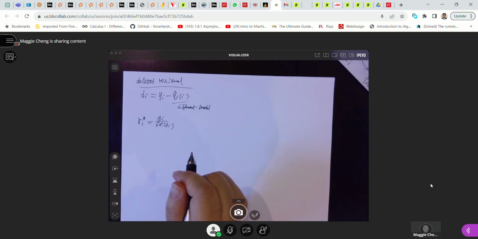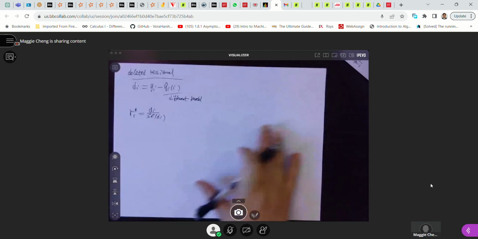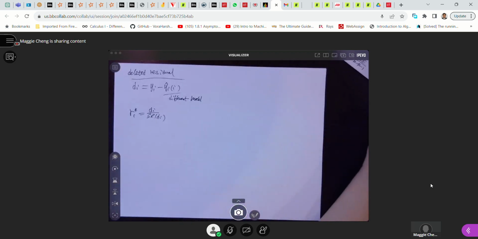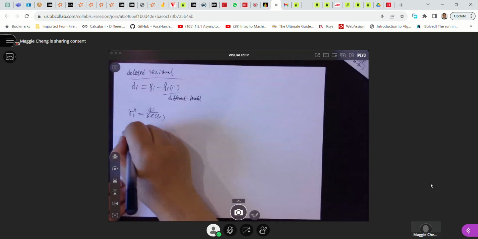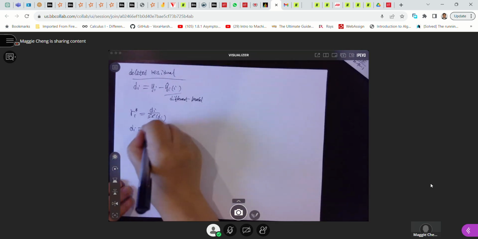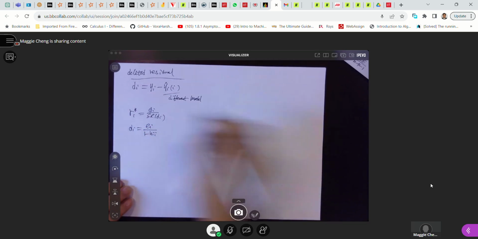How do you compute the standard error of d_i? Well, this part to prove is very difficult. I will give you the conclusion, the result. You certainly are not required to do that, okay? So first of all, there's a relationship we can use. d_i is actually equal to e_i over 1 minus h_ii.